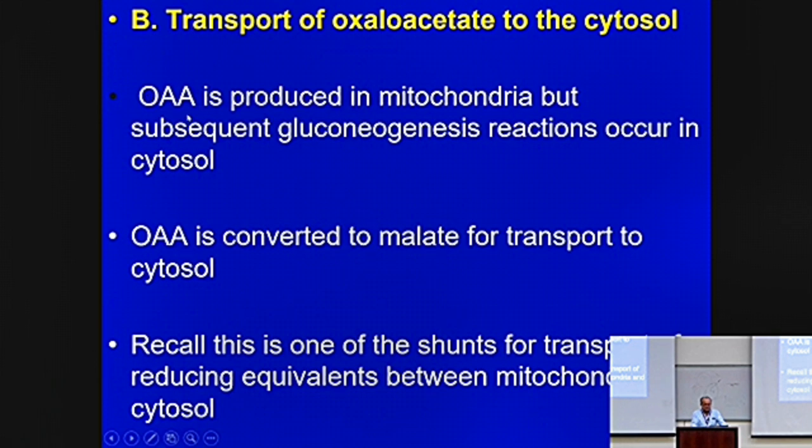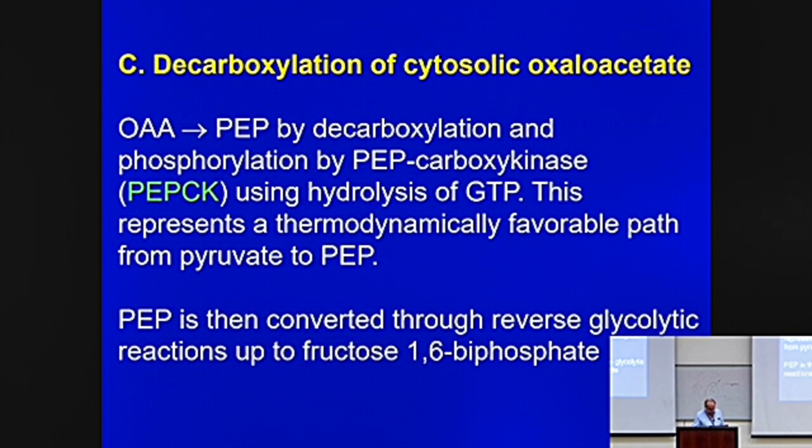So once you produce oxaloacetate, we convert it to malate by malate dehydrogenase. Malate is then transported out to the cytosol, where the rest of the enzymes required for gluconeogenesis will be. So the rest of the way, it's all going to occur in the cytoplasm.